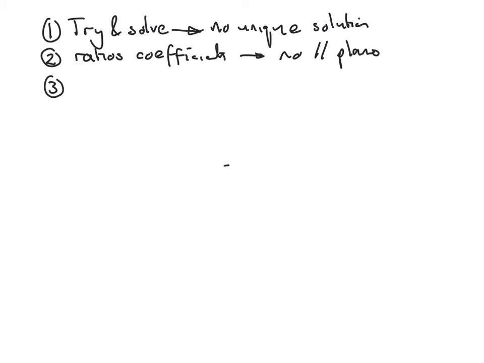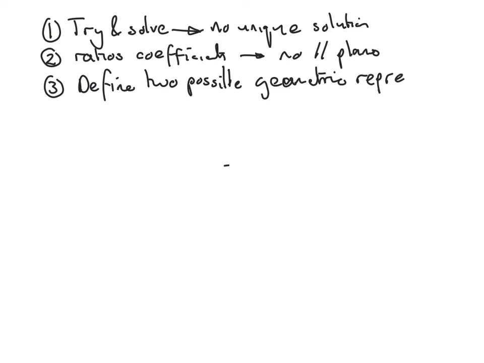Step 3 was to define, and this will always be the same, the two possible geometric representations.